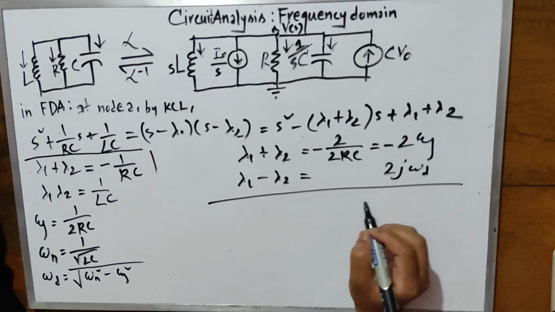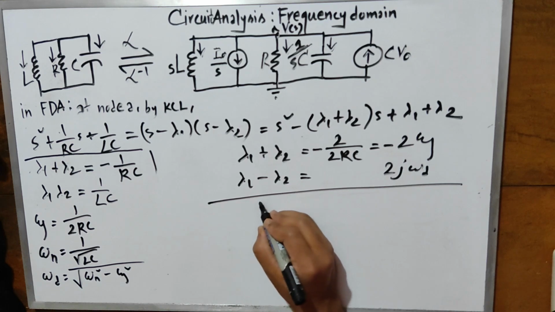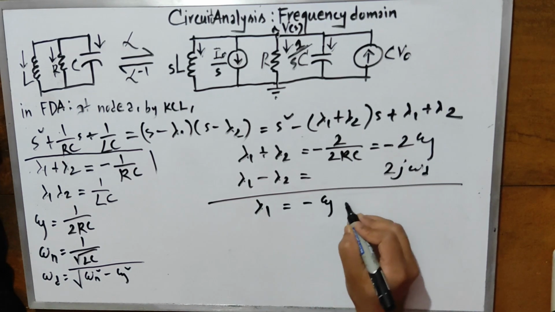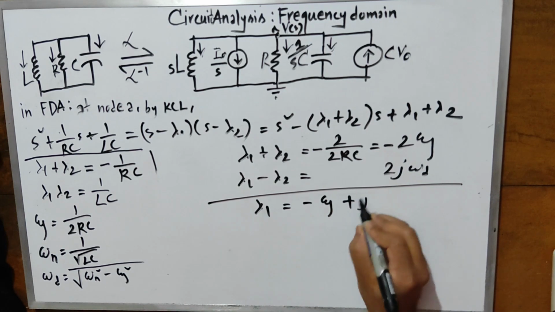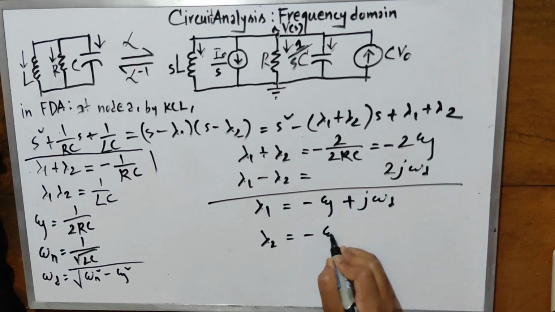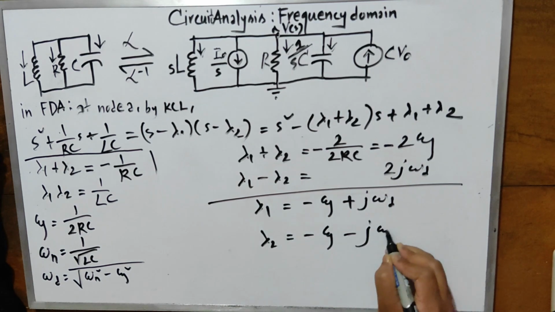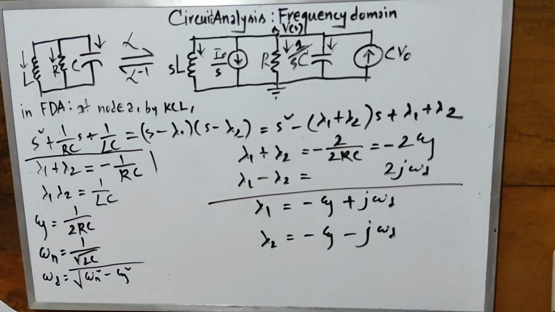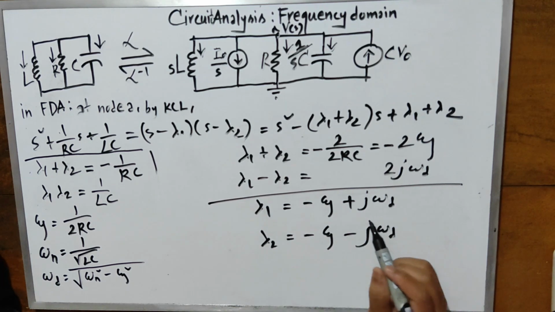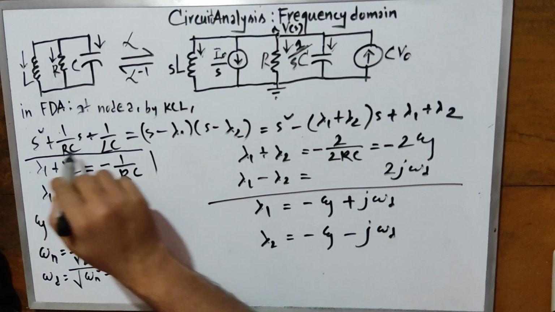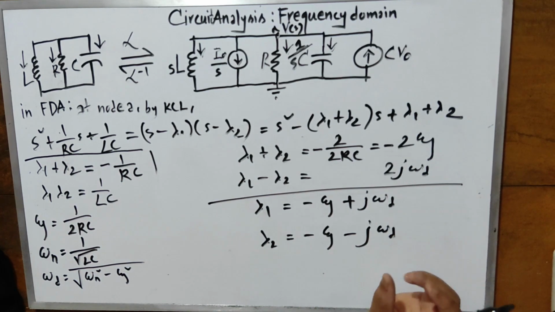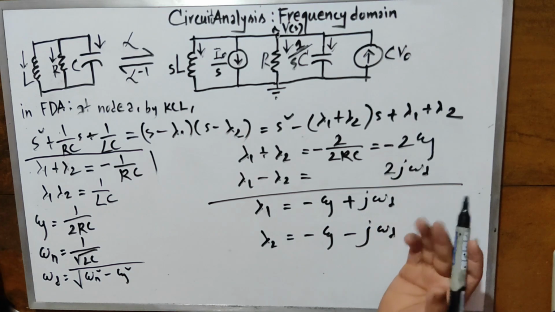Now by simple arithmetic, I will get lambda 1 equals minus psi plus j omega d, and lambda 2 is minus psi minus j omega d. So we have found our roots to factorize this second order term. Now what I'm going to do is use these roots and find the answer.